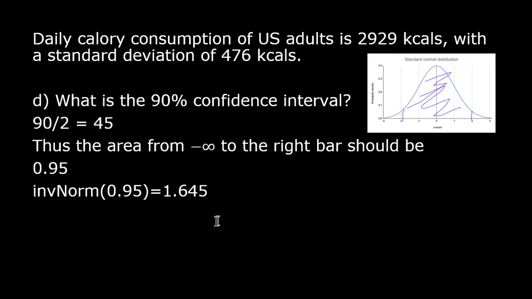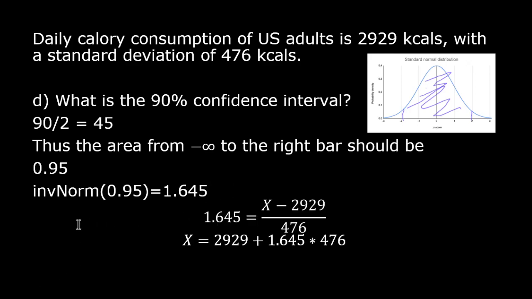But once again, this is a z-score, right? So now you have to solve the z-score formula for x. Again, you multiply this, add the 2029, and calculate this to find that right bound. Furthermore, I forgot to include it in the slide, but if the positive side is 1.645, then because of symmetry, this part would be negative 1.645.